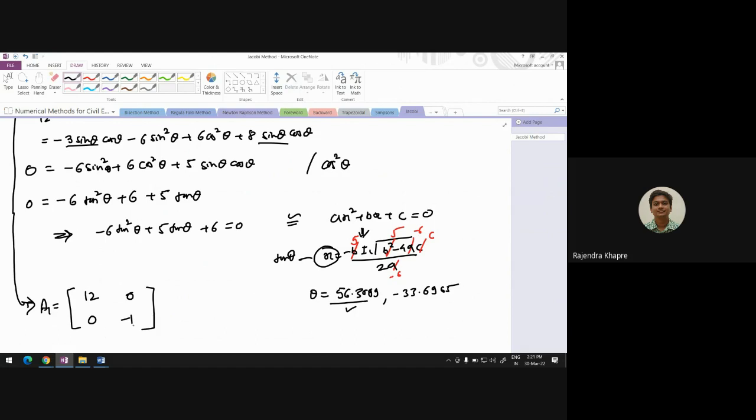So in the bigger matrix that has been formed, just substitute theta. Which theta will you substitute? 56.30. You should get this. The same answer will come because it is satisfying the equation, so there is no point.